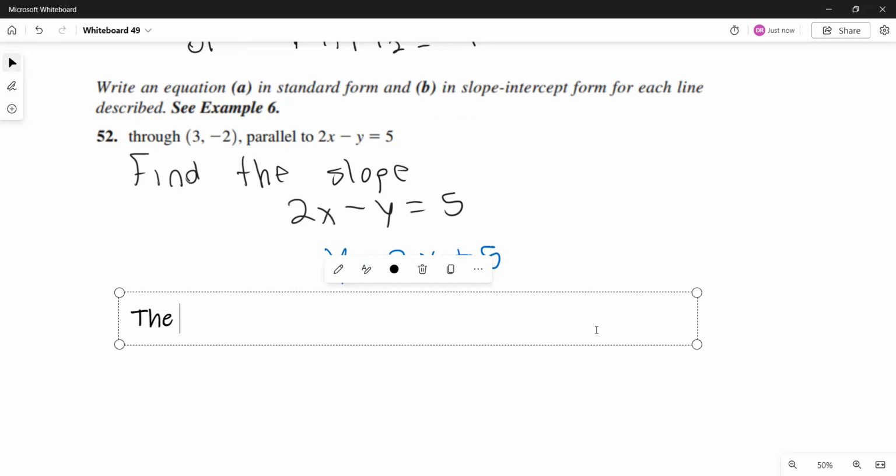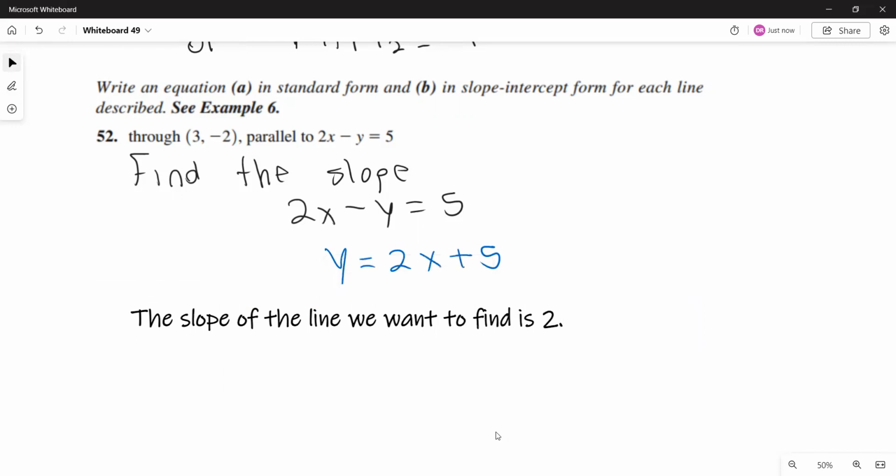So the slope of the line we want to find is 2. Because we know it's parallel, and parallel lines have the same slope, m is equal to 2.